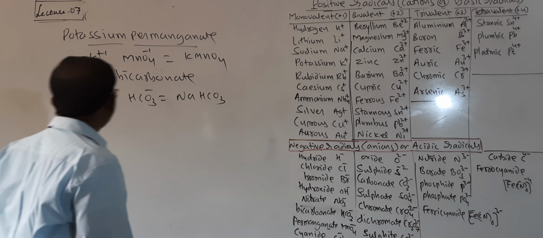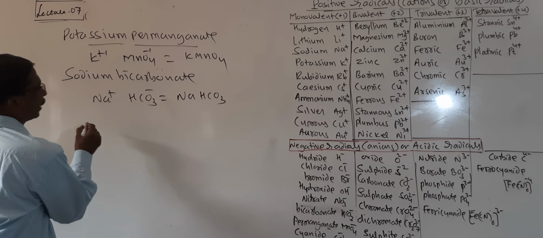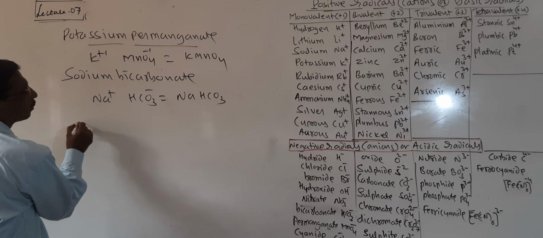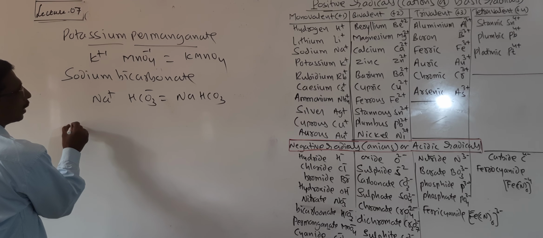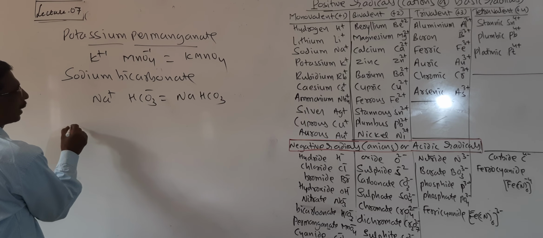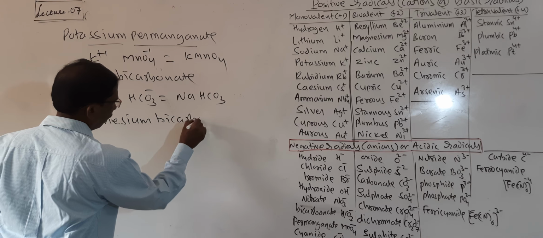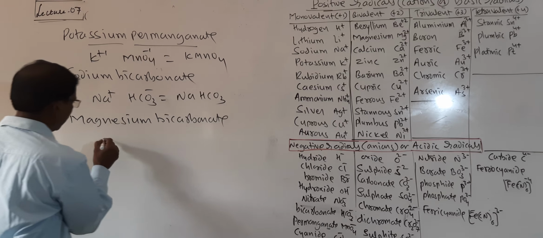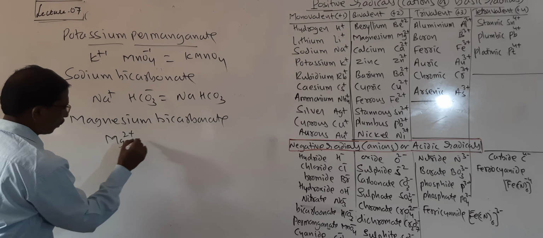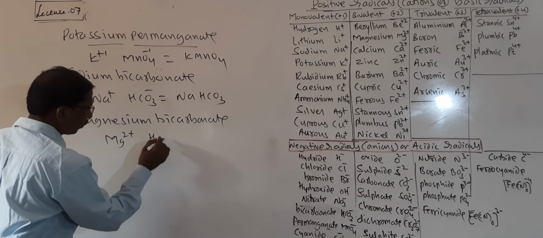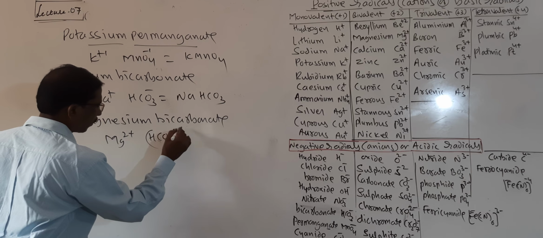If you take a second example, I will write zinc bicarbonate or magnesium bicarbonate. Magnesium bicarbonate: Mg2 plus and HCO3 minus 1.